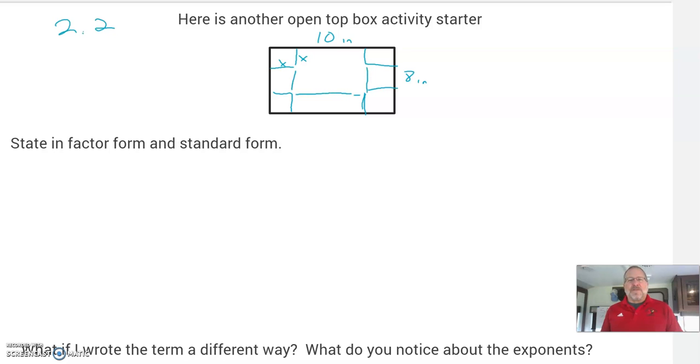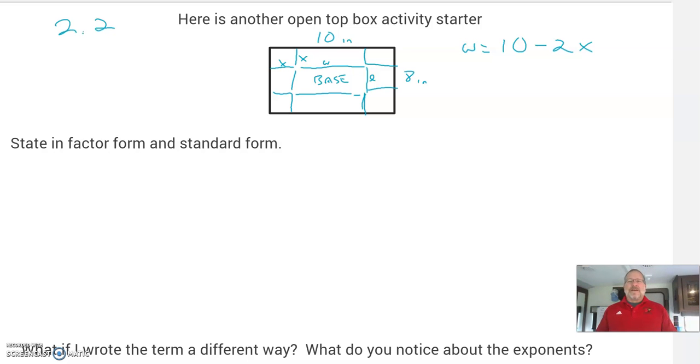So let's build a volume. Remember, this is our base area when we fold up the sides after we cut away the corners. So the base area has a width and a length. The width of that base area starts with a 10-inch piece of paper, but then we cut away two X values, two corners, two X values.